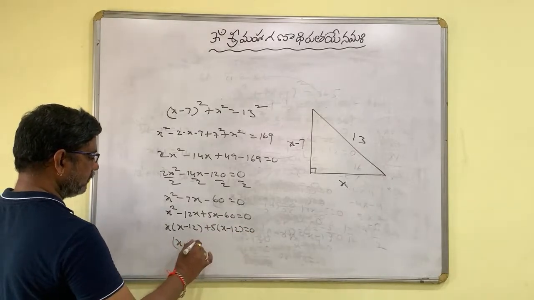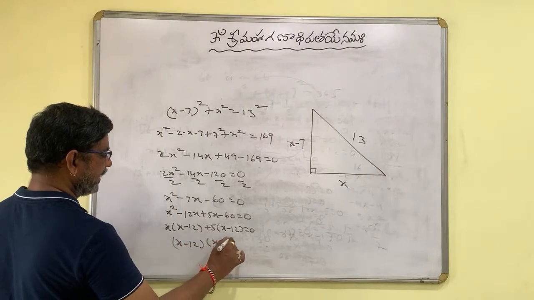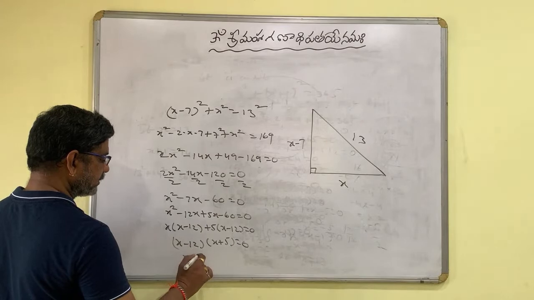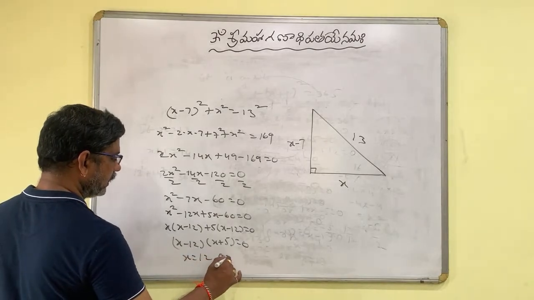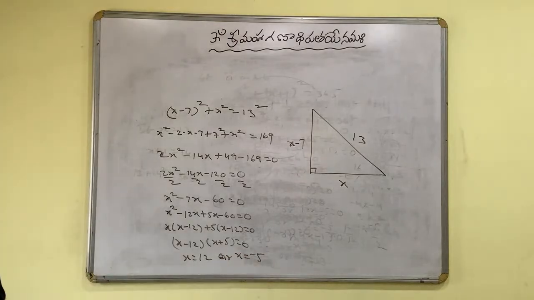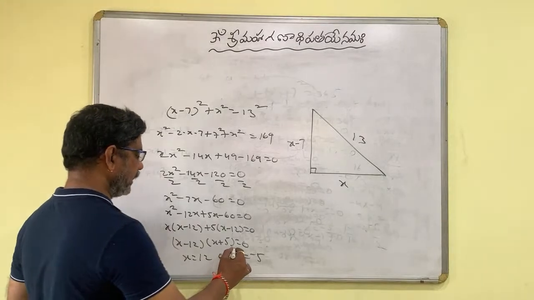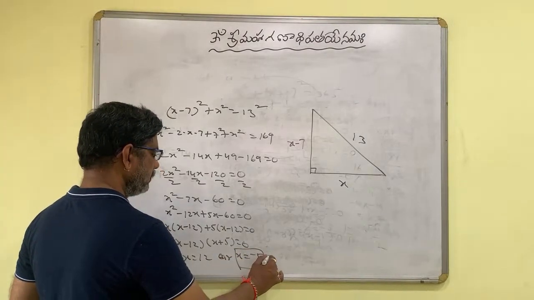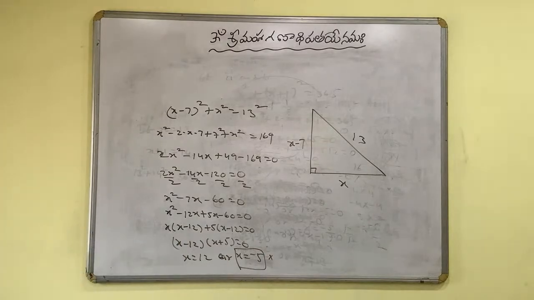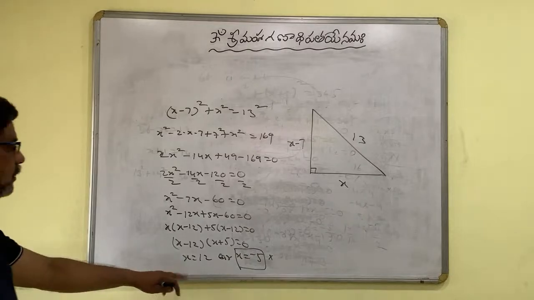So x minus 12 into x plus 5 is equal to 0. x is 12 or x is minus 5. We cannot consider this one, because length will not be negative. So we can consider x as 12 only.